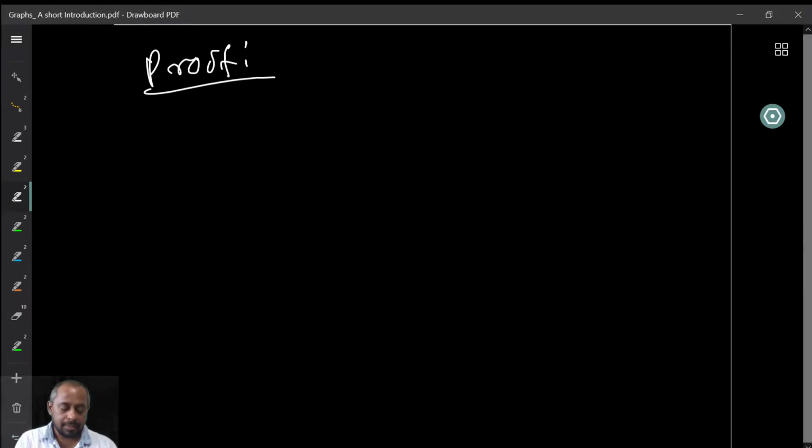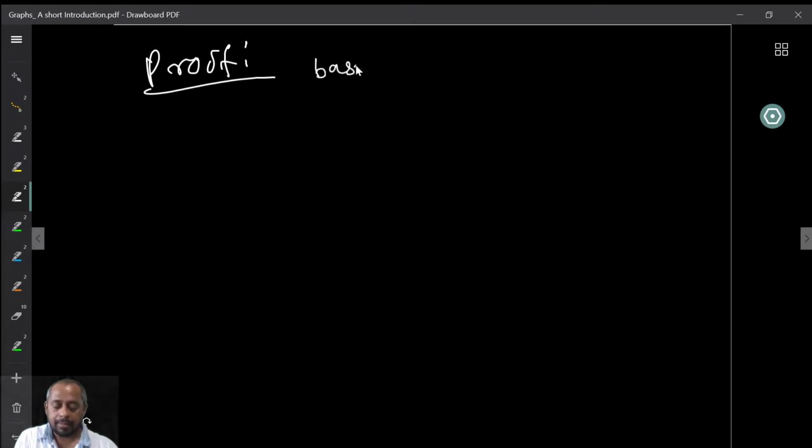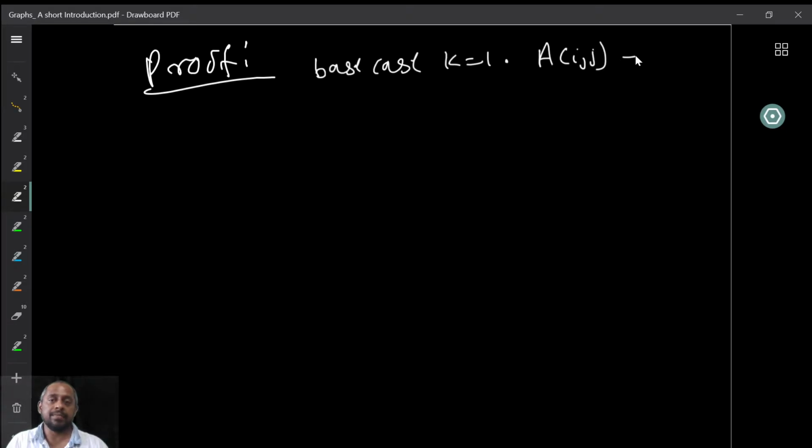So here is the proof. Let us first look at the base case, k equal to 1. When k is equal to 1, A raised to k is basically the adjacency matrix. Now what is A of ij? It is the ijth entry, and this is precisely 1 when there is an edge from vi to vj.